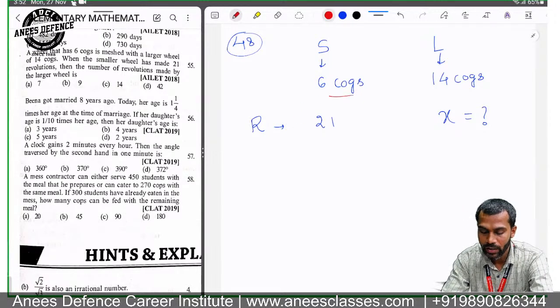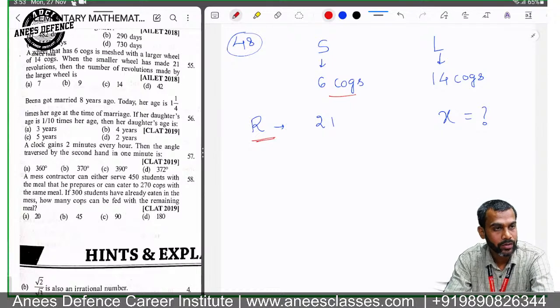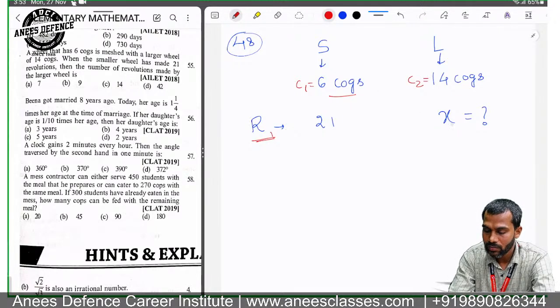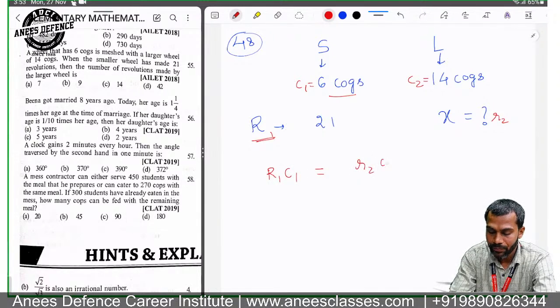See, number of cogs into number of revolutions must be constant. So can I say, suppose this is C1 and this is C2, this is R1 and this is R2. Yes or no? So R1 into C1 must be equal to R2 into C2. Now just simplify, very easy.